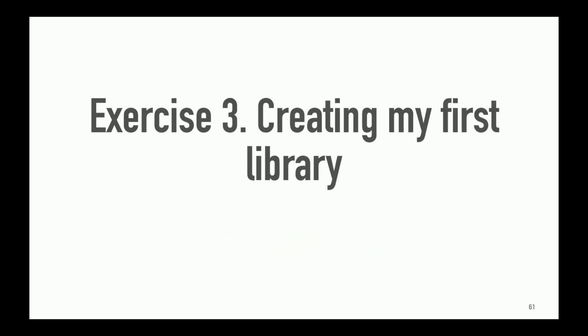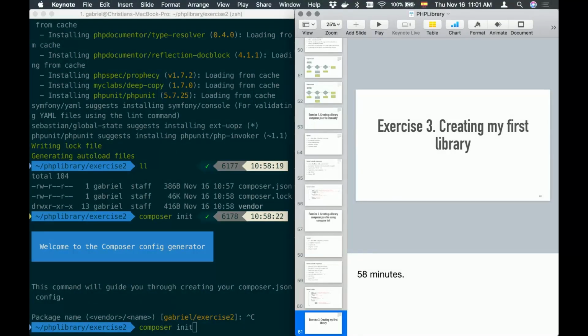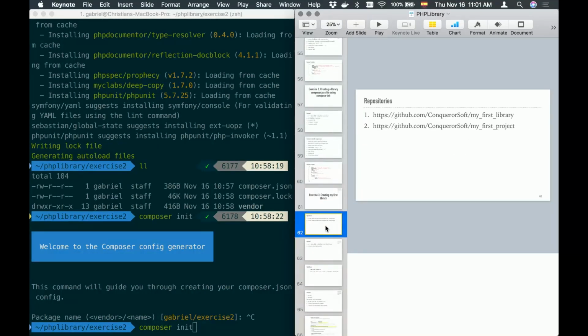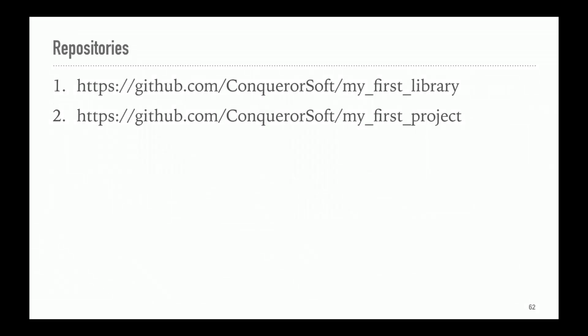So exercise 3, creating my first functional library this time. So let's do that. So we are on time. Okay. These are the two repositories that we are going to use. If you already have them, or if you don't, go now and clone them. It is not absolutely necessary, but it is good.